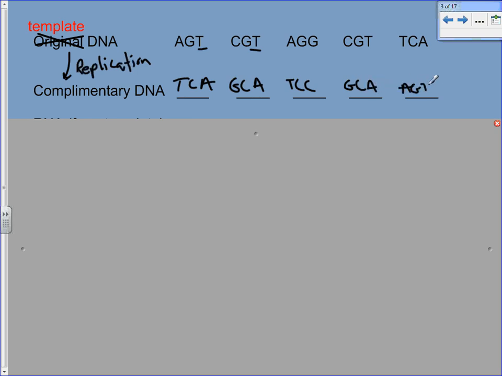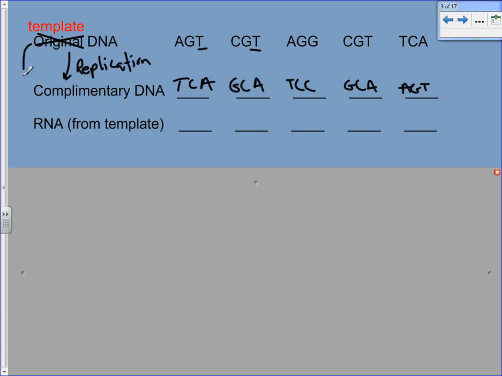So this process of making RNA, and again, we're going to read from our original template strand. This is the format that we'll use in this class. So whenever you are making RNA, you'll make it from this template or original DNA strand. And so this process is called transcription then. So we're going to look to the top line here. So just pretend that this middle one's not here.